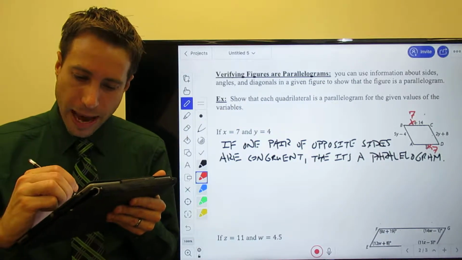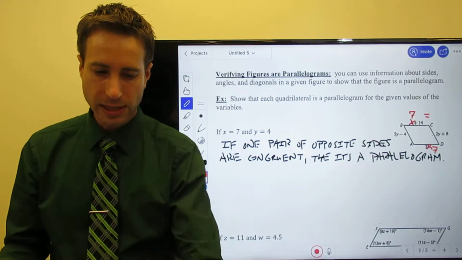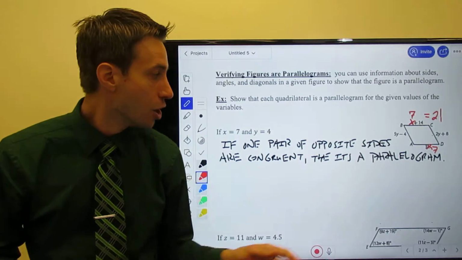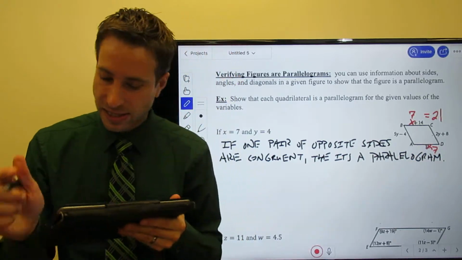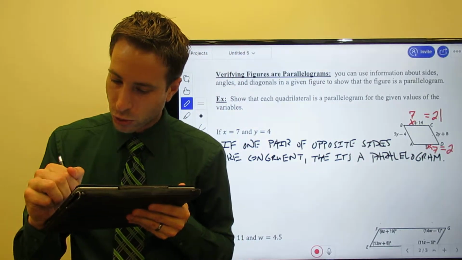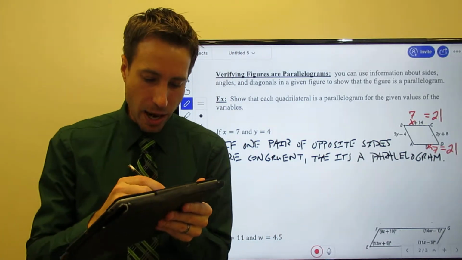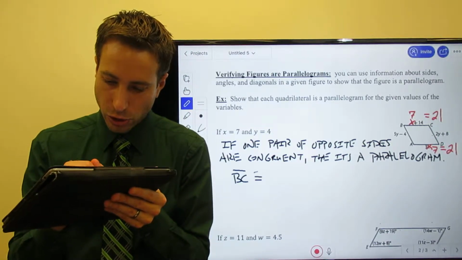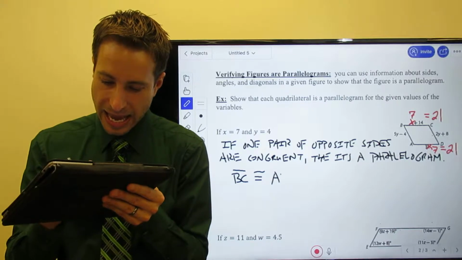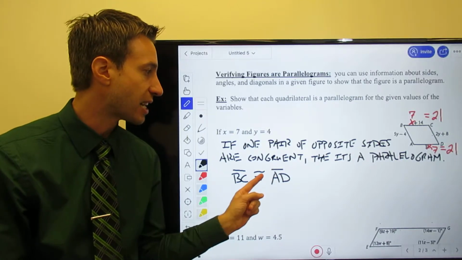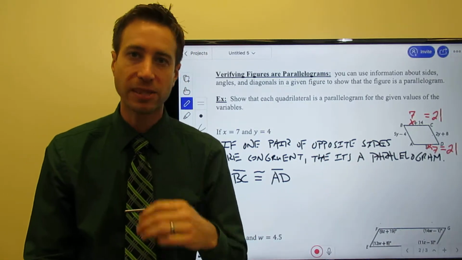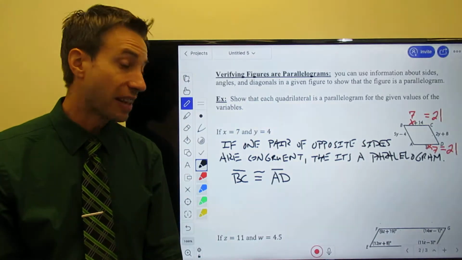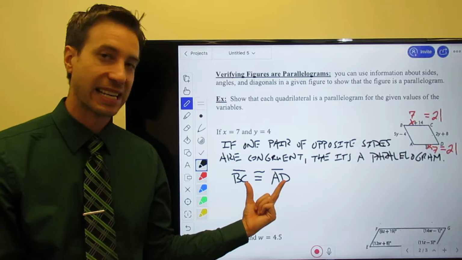If you do that, 7 plus 14, we wind up with 21. 3 times 7, oh look at that, 21. And so right there, I'm done. I know that side BC is congruent to side AD, and that's enough. I just have to show that one pair of opposite sides are congruent, and I know that I have a parallelogram.